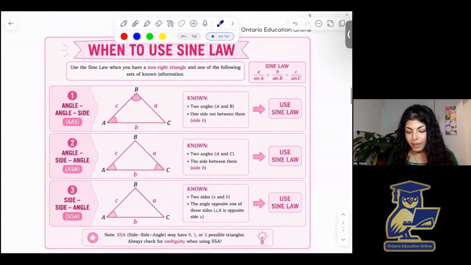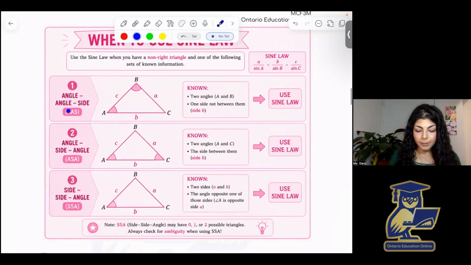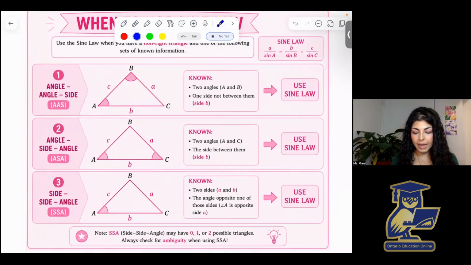So with sine law, there are specific cases of when we use sine law. Usually they are represented with these three letters, AAS, ASA, and SSA, and the order does actually matter. With AAS, it's angle, angle, side, which means you have two angles and a side that is not between them.